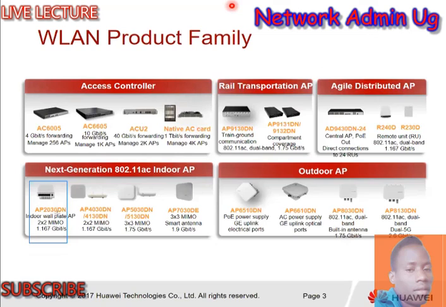Not recommended for ceiling. But this category of access points, the 5030 and the 7030, you can mount them on ceilings because they are lightweight and much simpler to mount on the ceiling. So that's where the differences are.